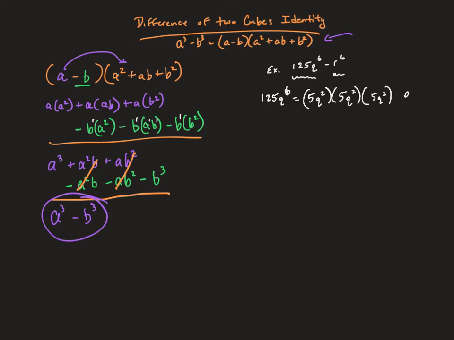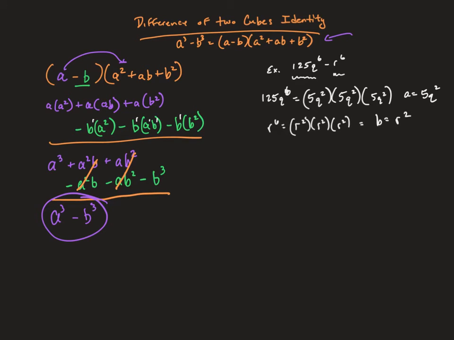So a is going to equal 5q squared. Then we have r. r to the 6 is going to be the same thing as r squared times r squared times r squared. So b is going to be r squared.